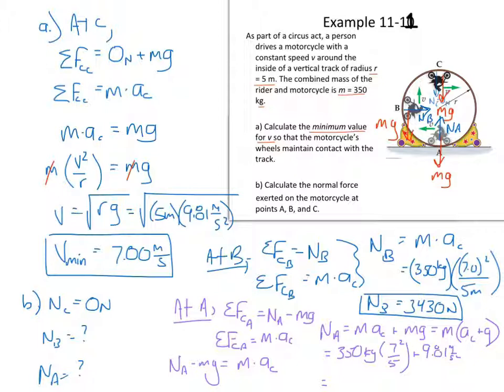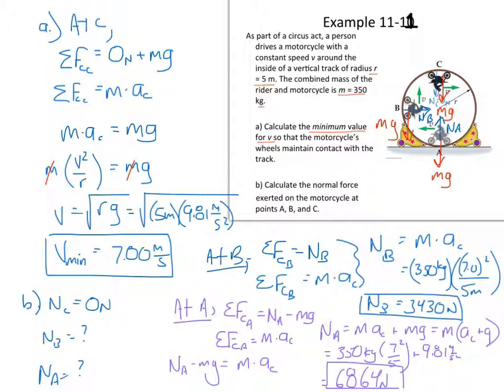Now we can actually solve for our normal force, and we'll explain why it is like this. All right, 350 times the quantity 7 squared over 5 plus 9.81. And I get 6,863, or 64 we'll go with, newtons.